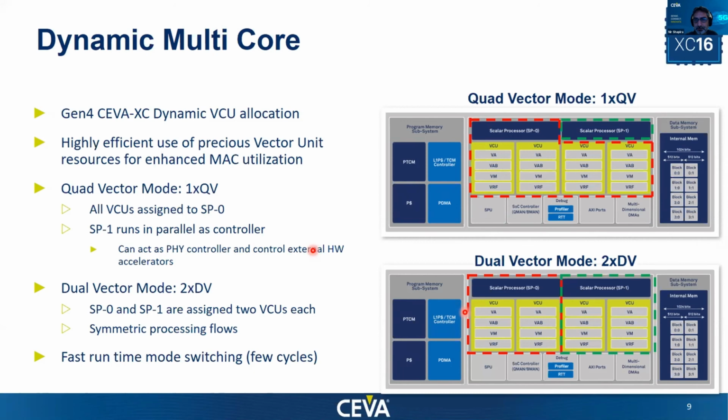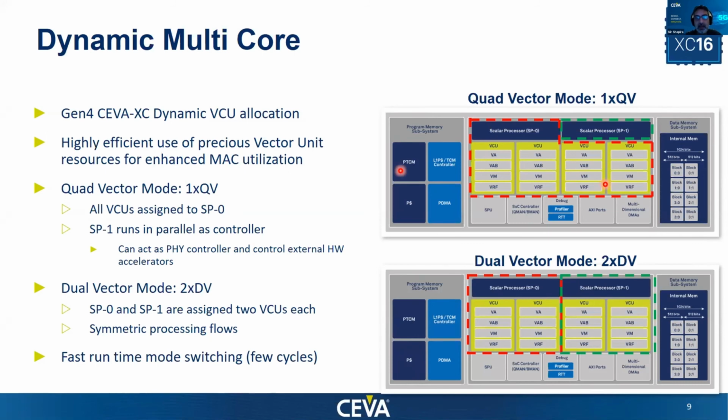We support essentially two modes. One mode we call the QV mode, or quad vector mode. You can see that all the vector unit resources are allocated to one of the Scalar processors, in which case the other processor still continues to act as a Scalar controller.